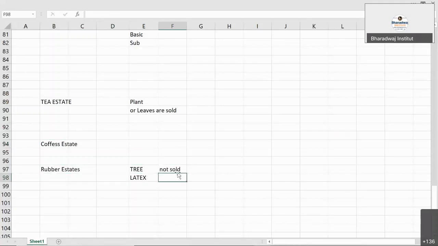Only the latex is being sold. So this is called agricultural produce, and the tree is called a bearer plant.